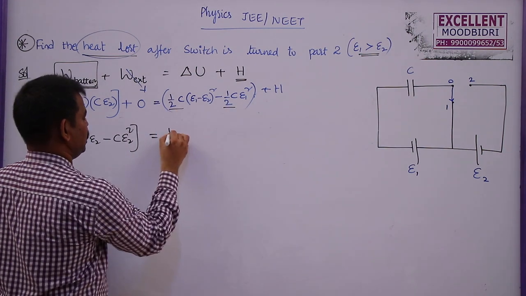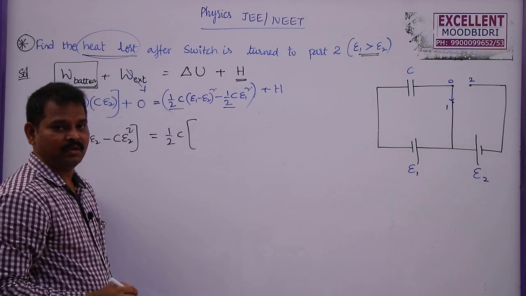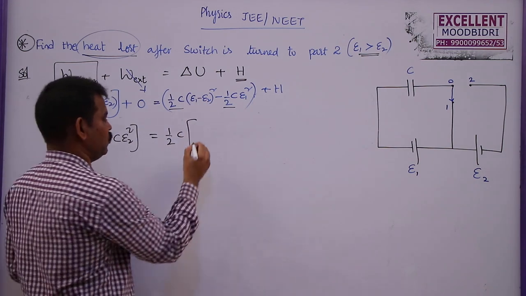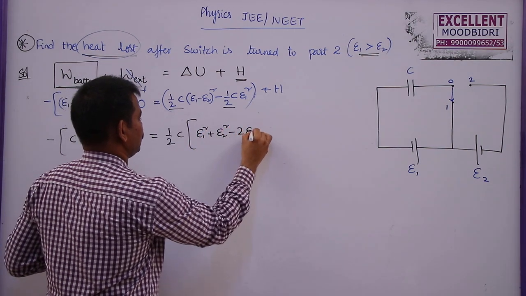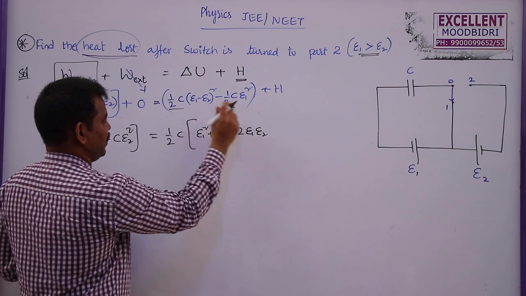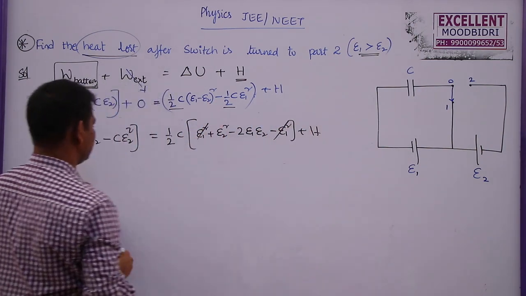Is equal to, you can take half C common here, half C. This is (A minus B) whole square, you can write E1 square plus E2 square minus 2 E1 E2. So this is E1 square plus E2 square minus 2 E1 E2 minus E1 square plus H. You can cancel this and this.